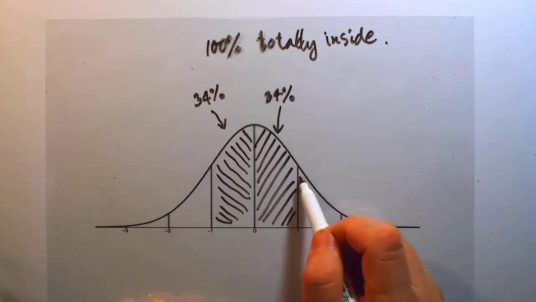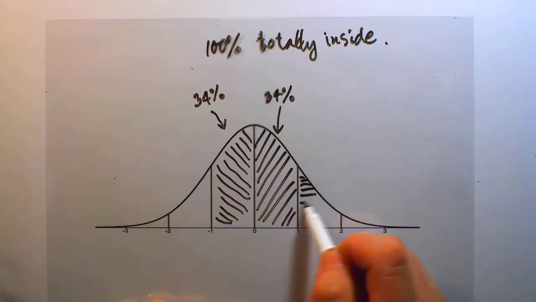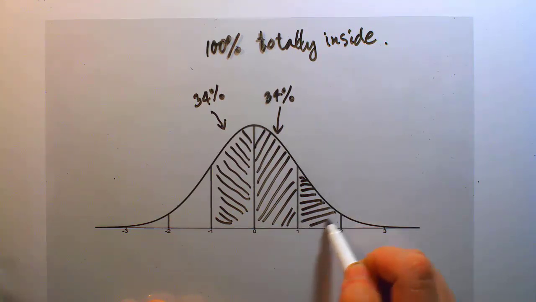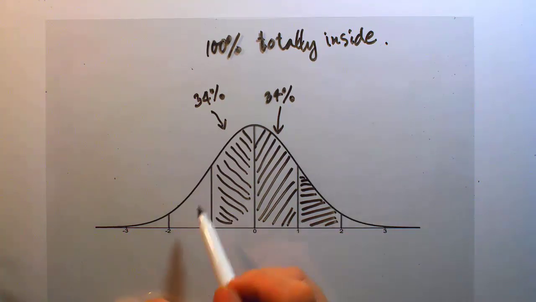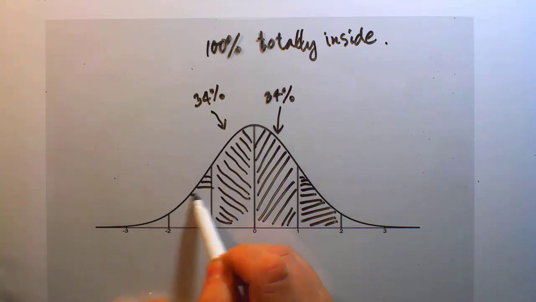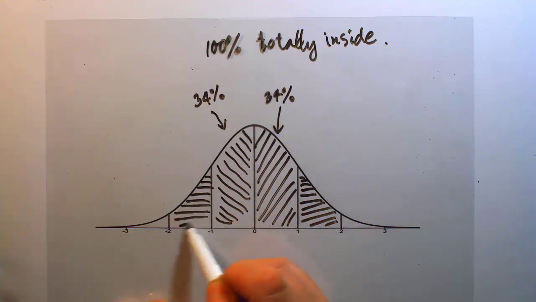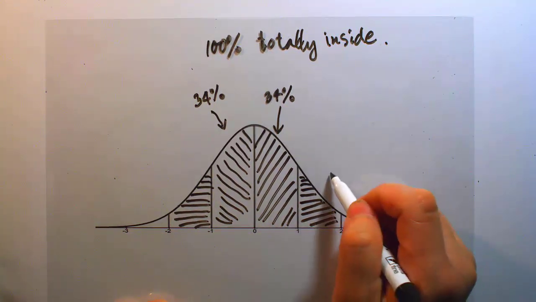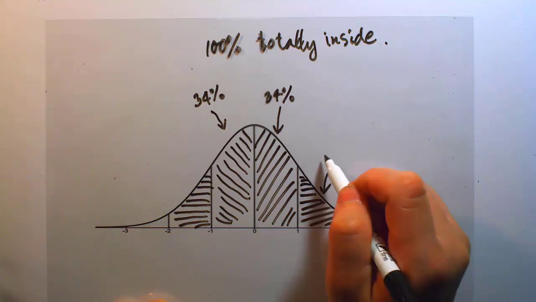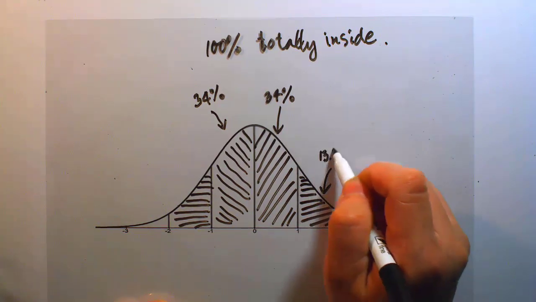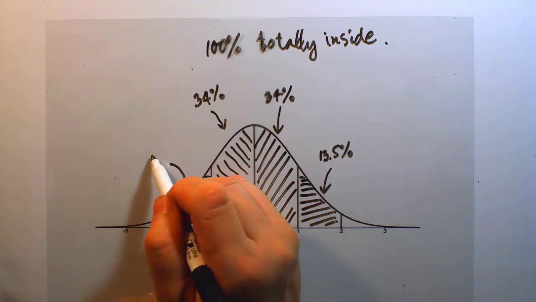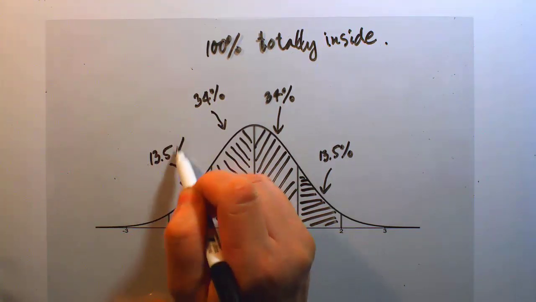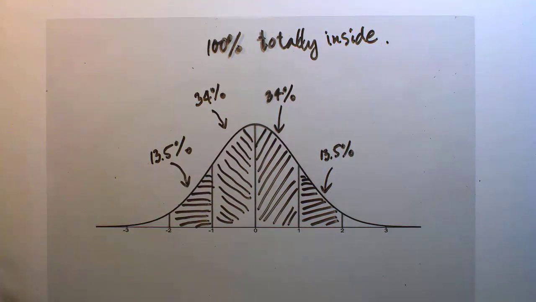And then we spent some time finding out how big that area is. Now I'm shading a little differently here, but this area from 1 standard deviation above mean to 2 standard deviations above mean, and then we have an equivalent version on the opposite side. So each one of these, that one there is 13.5, and this little area there is another 13.5. And so let's double check again.